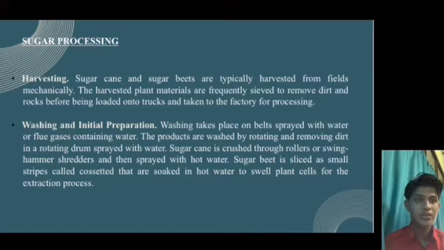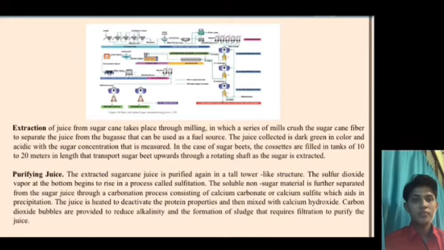Sugarcane is crushed through rollers or swing hammers, shredder, and then sprayed with hot water. Sugar beet is sliced into small strips called cossettes that are soaked in hot water to swell plant cells for the extraction process. Extraction of juice from sugar cane takes place through milling, in which a series of mills crush the sugar cane fiber to separate the juice from the bagasse that can be used as a fuel source.